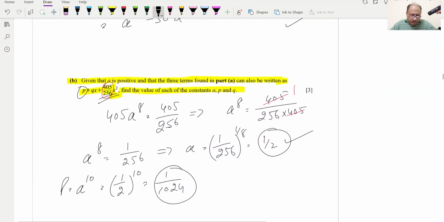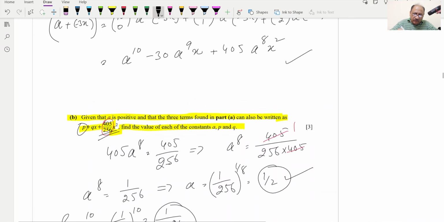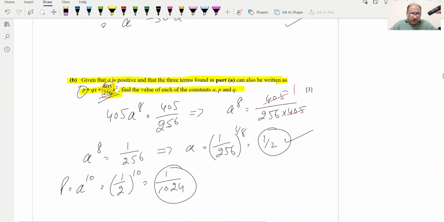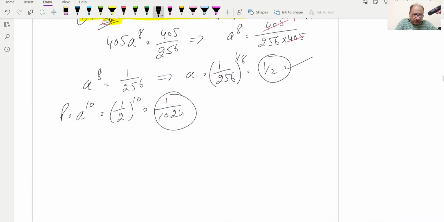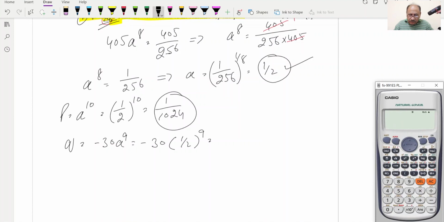Now for q we will be comparing the coefficient of x, and the coefficient of x is over here, and this one will equalize to q. So q is equal to minus 30 a raised to the power 9, and we can replace a by 1 by 2, so minus 30 times 1 by 2 raised to the power 9, which is minus 30 into 0.5 raised to the power 9.